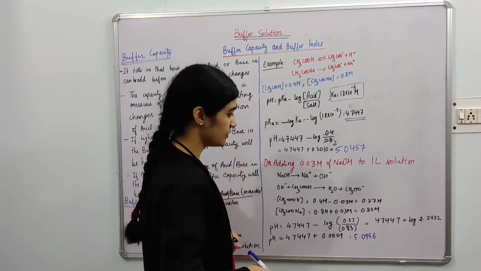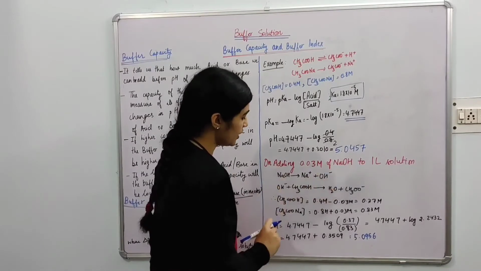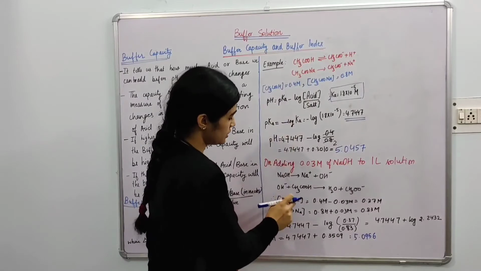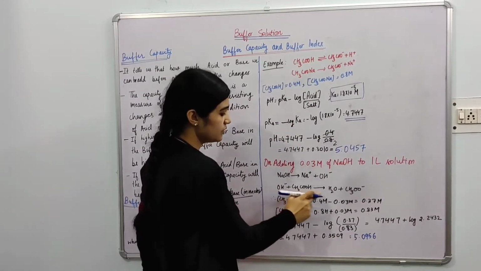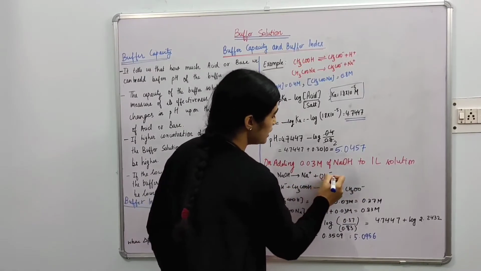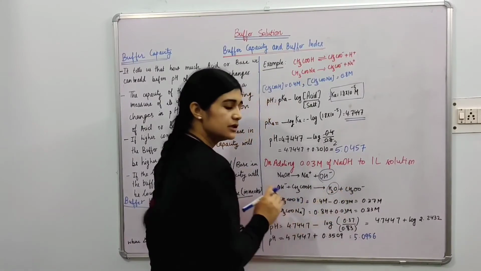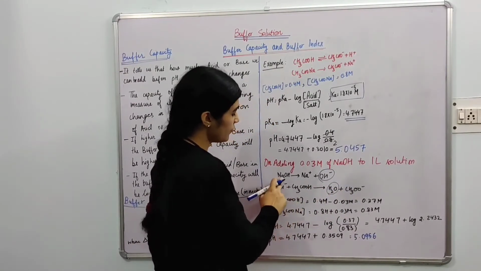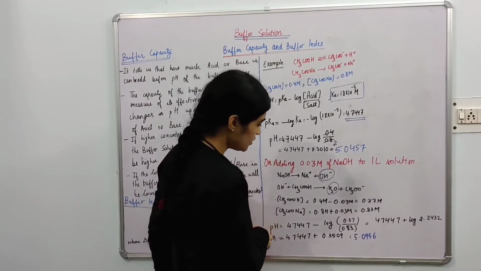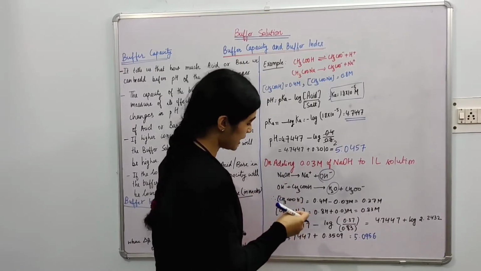Since it's a buffer solution, it will try to counter the addition of OH negative. So this OH negative will react with CH3COOH. This on reaction will give us a water molecule and acetate. So the OH negative gets converted to water, and there is no free OH negative because of NaOH that will change the pH.